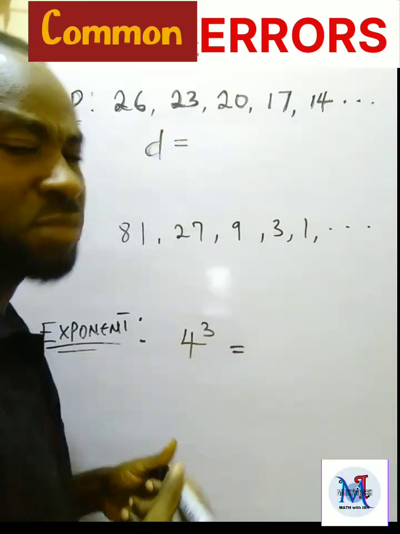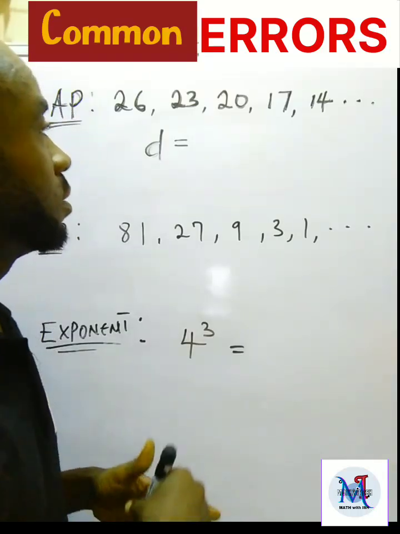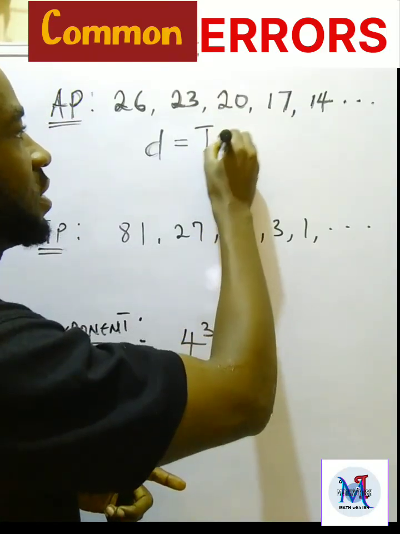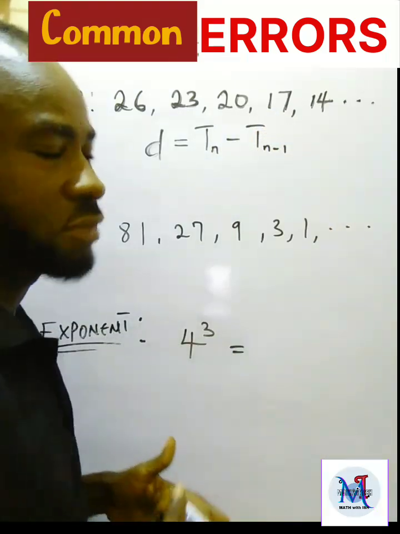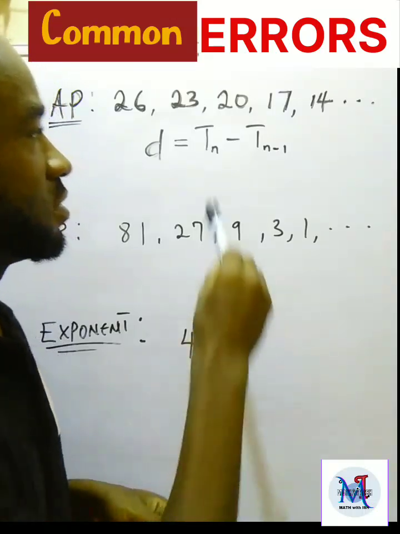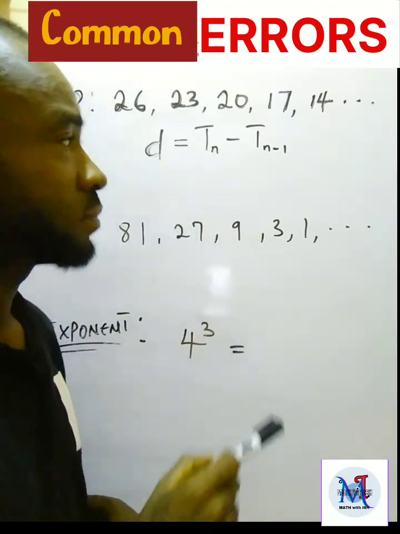is sometimes a problem to students. Now, the proper way to get it is to use the formula Tn minus Tn minus 1. Now, let me just explain this. This Tn here stands for any of the term, okay?